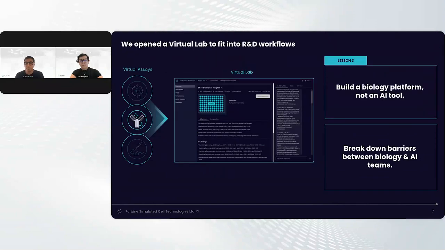The virtual lab I've already referred to a couple of times. I won't spend too much time on it because you will see a quick visual, a quick video of it at the end. But the virtual lab is a biology platform. It's not just an AI tool. AI is useful when it can answer a biology question within the context of what we are talking about.